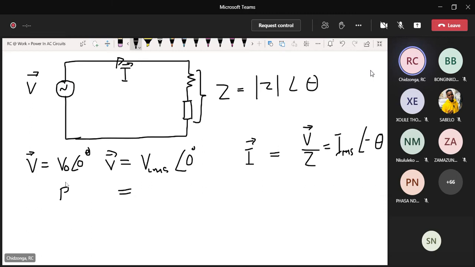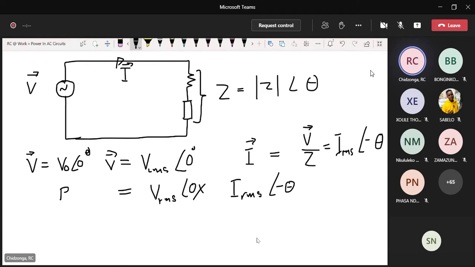What we are going to have on the left-hand side, I will define after the right-hand side. Here, generally, we are going to say V RMS angle 0 times the current, I RMS angle theta.